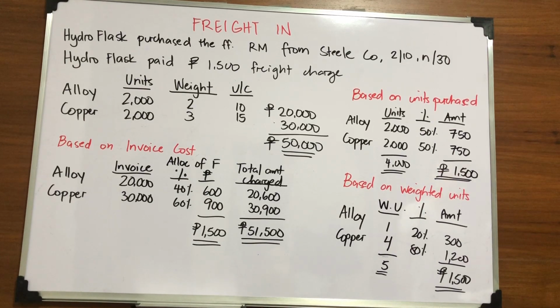Because when you transfer this to work in process, or when you send this to the production department, you should be able to know what is the true amount of the raw material. Again, the amount of raw material includes your invoice cost plus your freight cost.